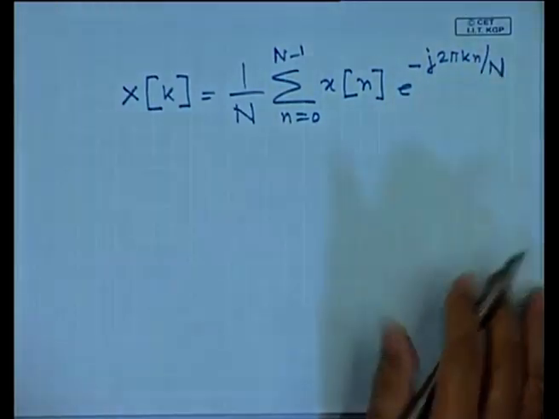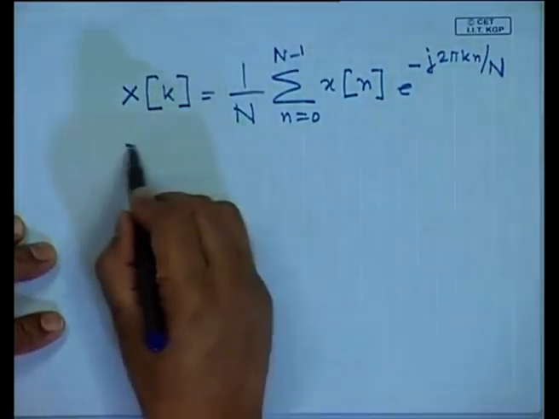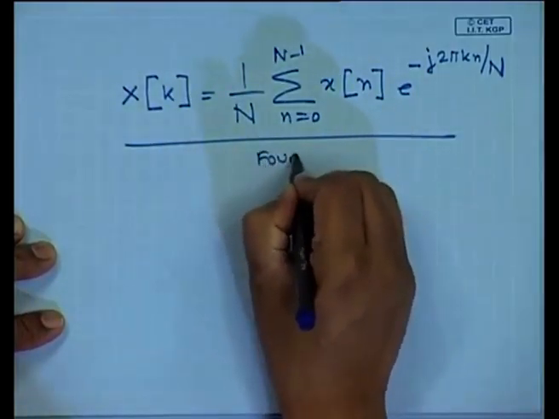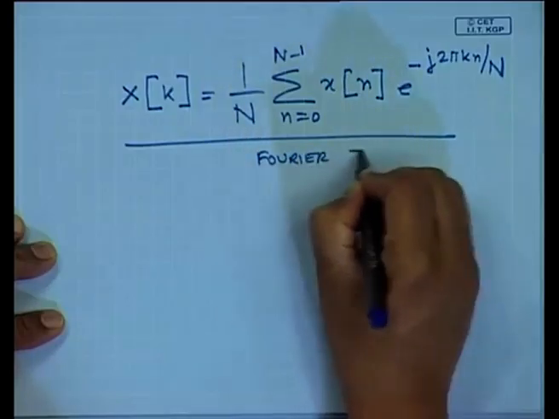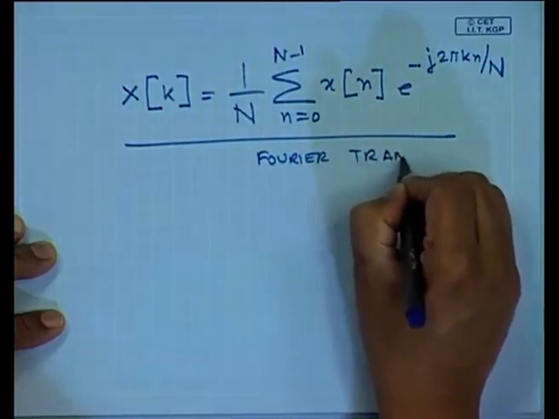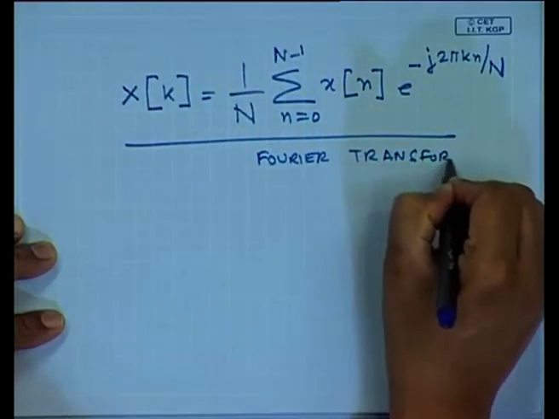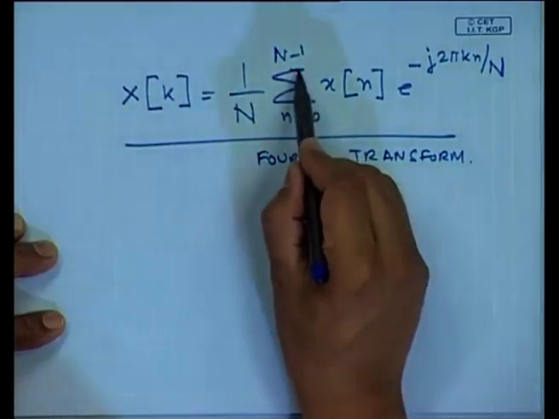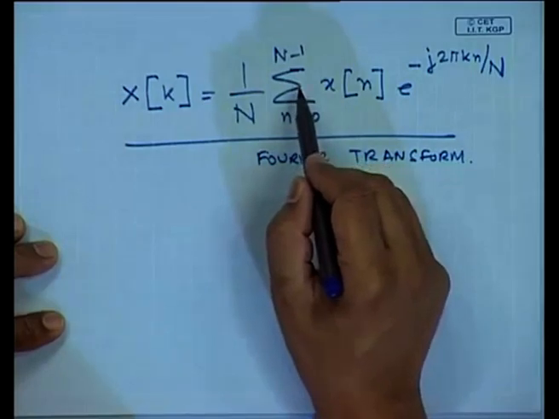I will explain what this is, because this is an equivalent of the Fourier transform. And if you look at this equation, the integration has been replaced by a summation sign.